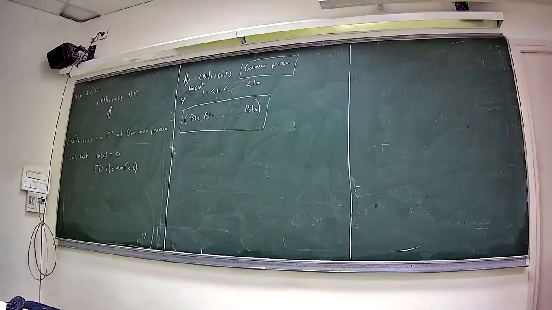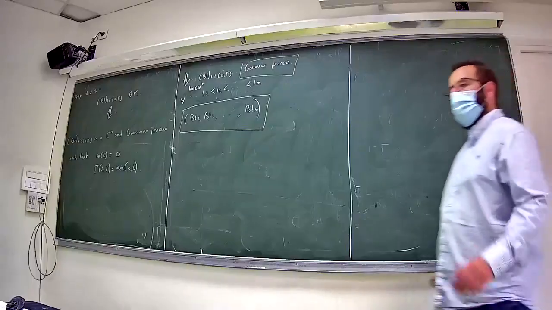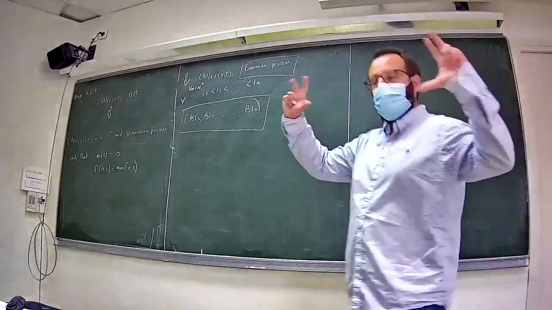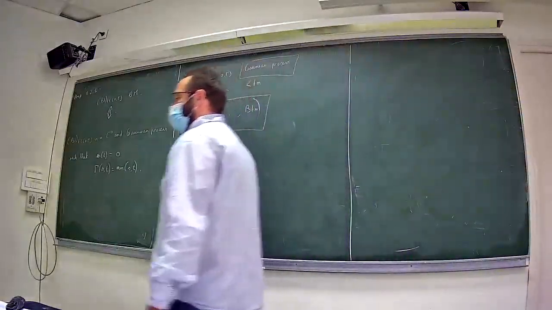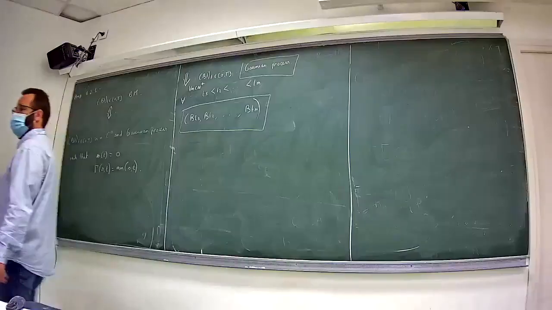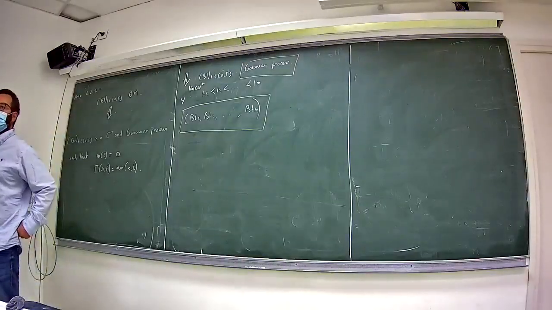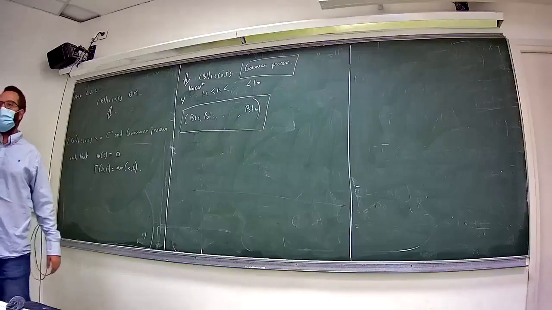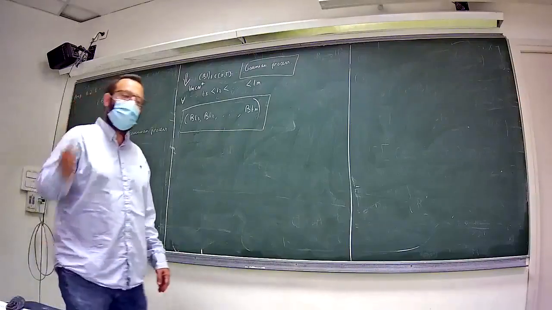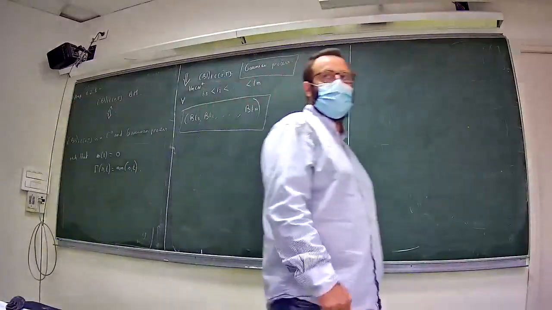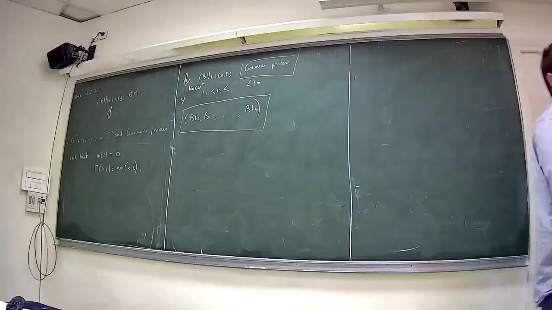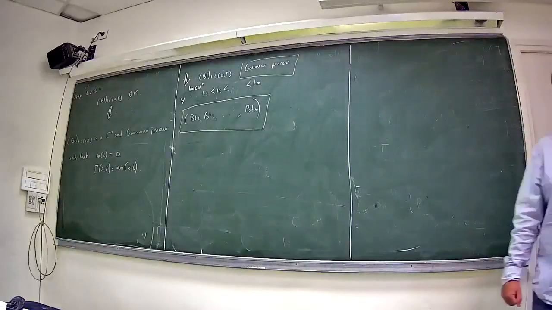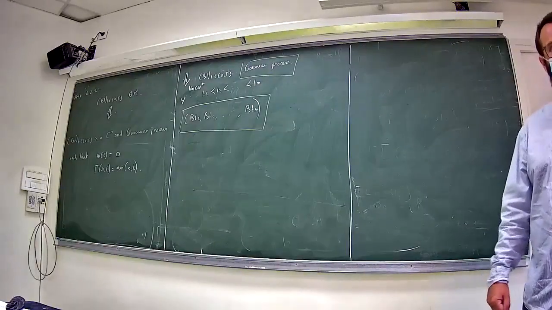If I give you n random variables, I put them in a vector. What is the case where you will have for sure a Gaussian vector? For sure they have to be Gaussian, but I need more. If the components are Gaussian, it's not sufficient to have a Gaussian vector. It is necessary, but not sufficient.